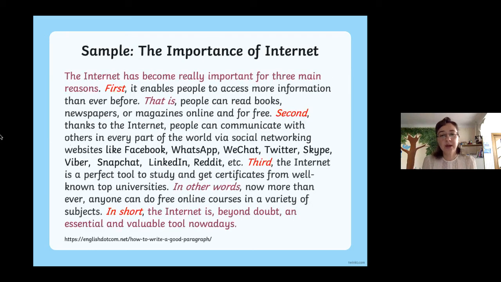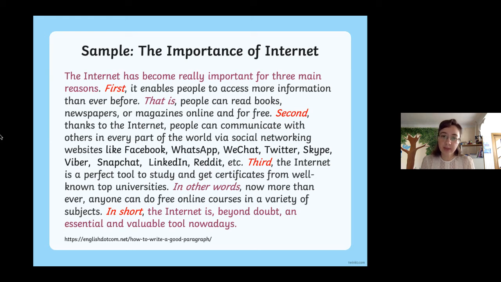This is a sample answer for one of the topics I have provided at the beginning of this lesson about the importance of the internet. So the first sentence is a topic sentence. Internet has become really important for 3 main reasons. So this is our topic sentence, and we look forward to hearing why. First, it enables people to access more information than ever before.